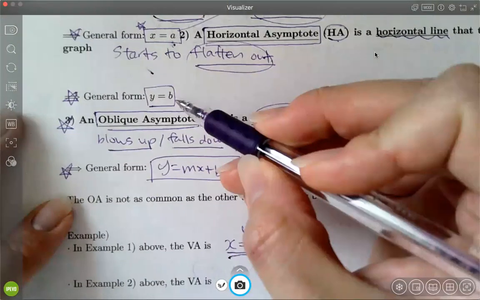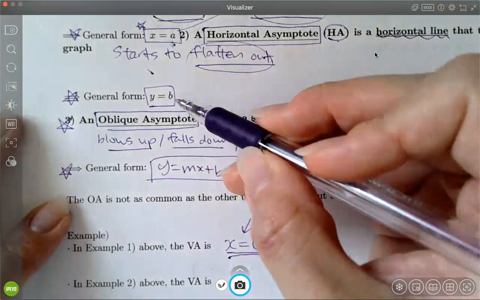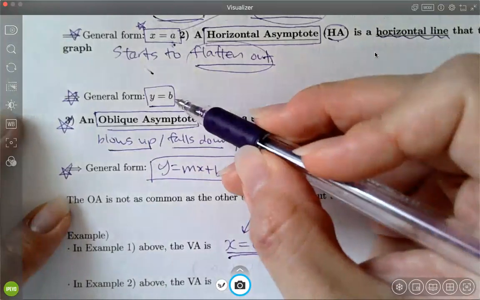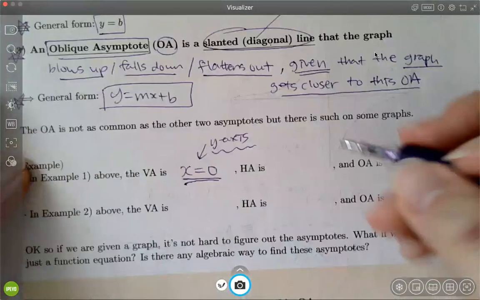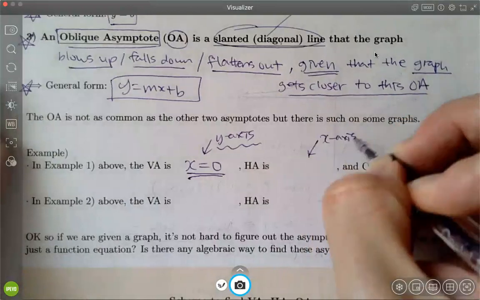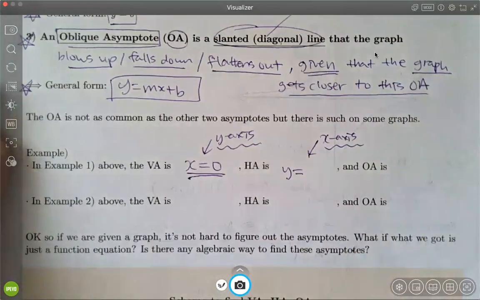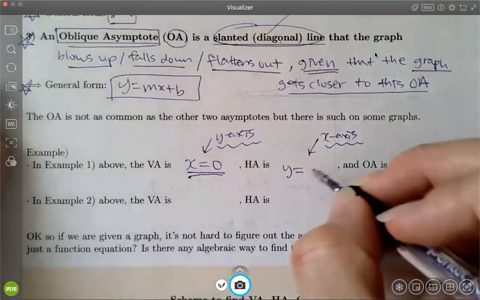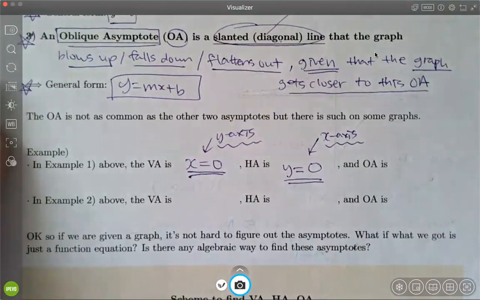So the question is, what should this number be for the x-axis? y equals what? 0, 0 once again, right? Yes. And just like the vertical asymptote, you shouldn't say x-axis is the horizontal asymptote. You have to say y equal to 0.